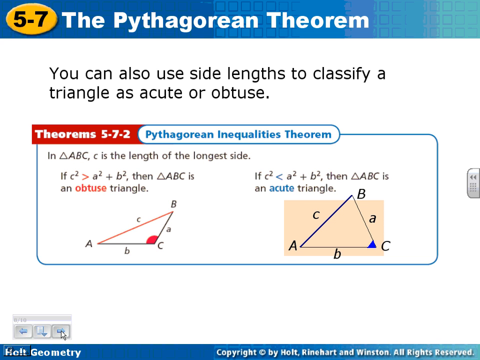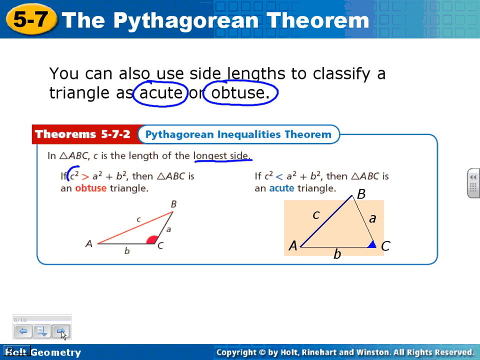You can also use, this is what it reads at the top, you can also use side lengths to classify a triangle as acute or obtuse. Here's the theorem. Pythagorean inequalities theorem. In triangle ABC, c is the length of the longest side.